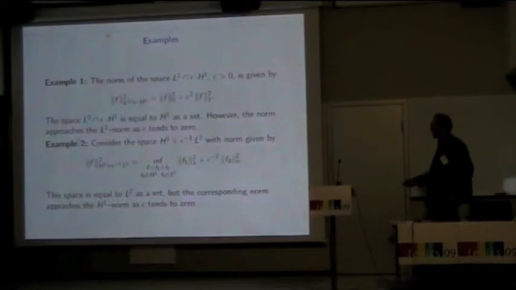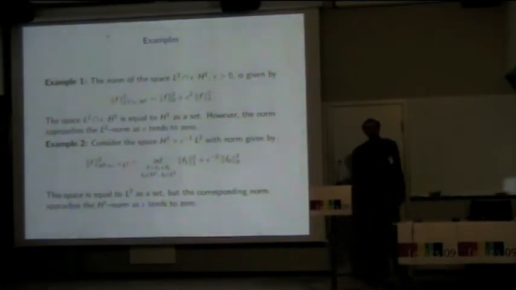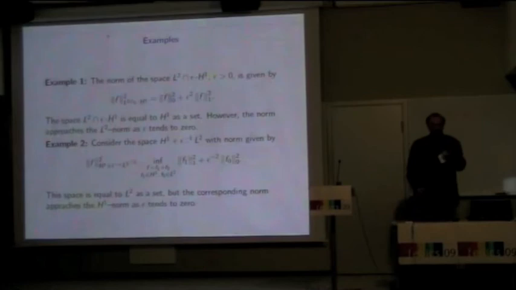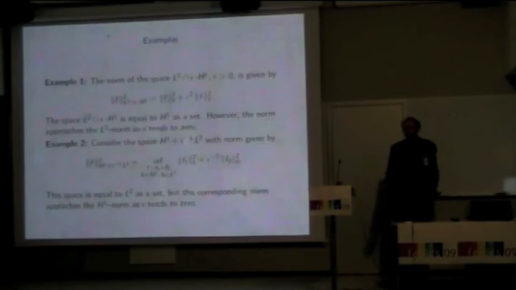But if you look at its norm, if you write f as a sum of something in H1 and something in L2, then as epsilon goes to 0, you will like to have this f0 piece as small as possible, because it is blown up by epsilon to the minus 2, and you're going to take the inf of that sum. So as epsilon goes to 0, this will naturally go to the H1 norm, even if the set is always L2 for positive epsilon. As epsilon goes to 0, the norm will go to the H1 norm. And that's why these things are very useful.